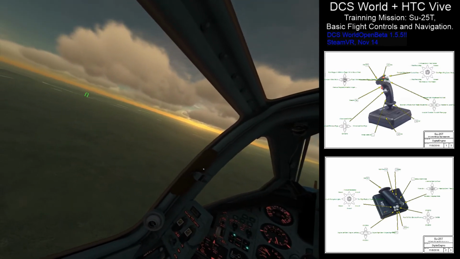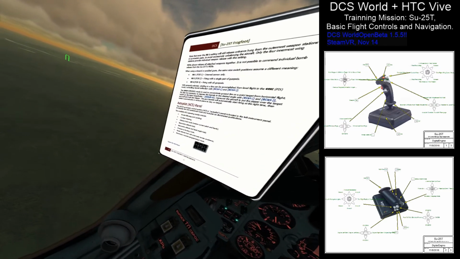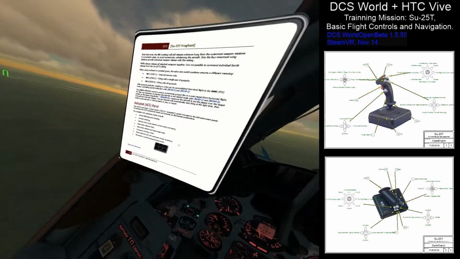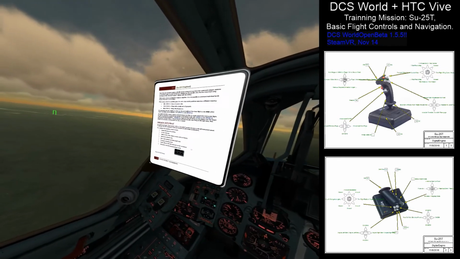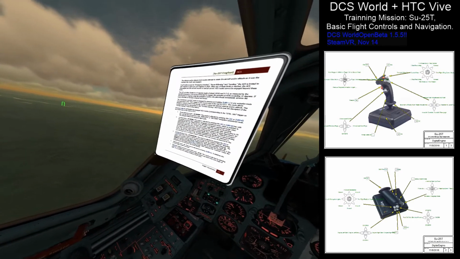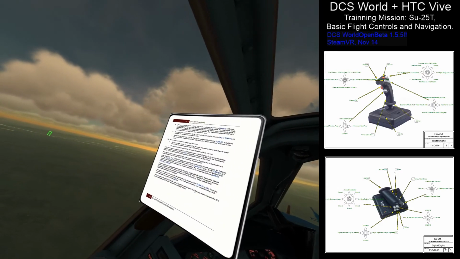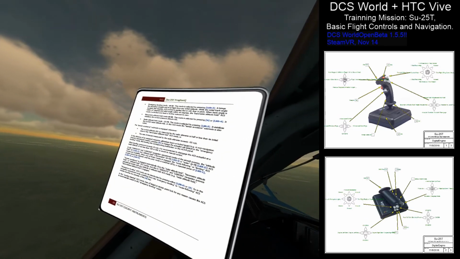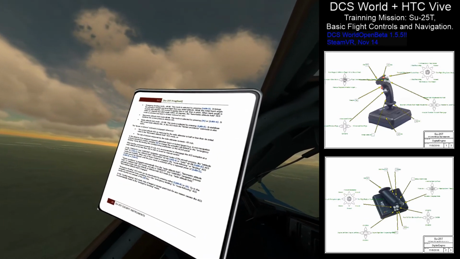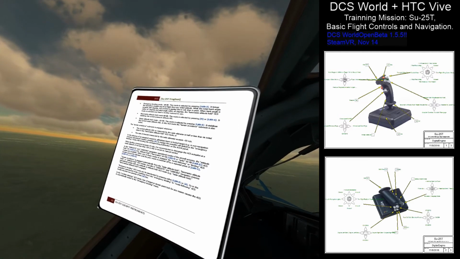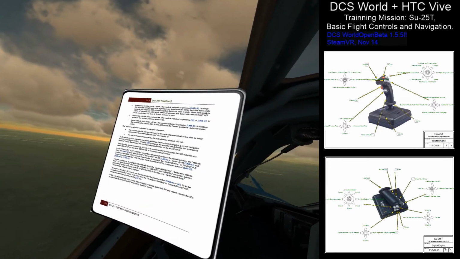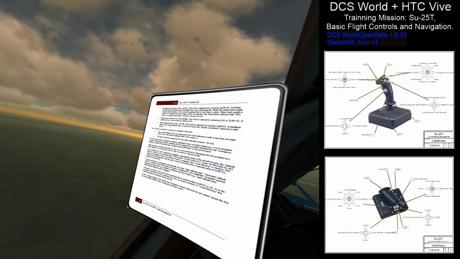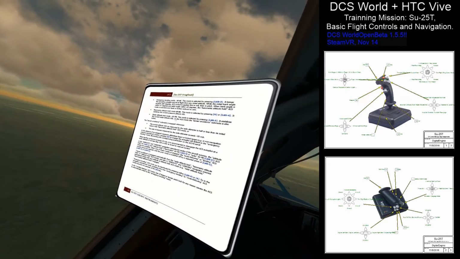Now, if I bring up the manual, radar altitude hold mode with automatic terrain avoidance. Okay. Radar altitude hold mode. This mode is selected by, well, in our case, we'll skip that. It stabilizes the current radar altitude above ground level.